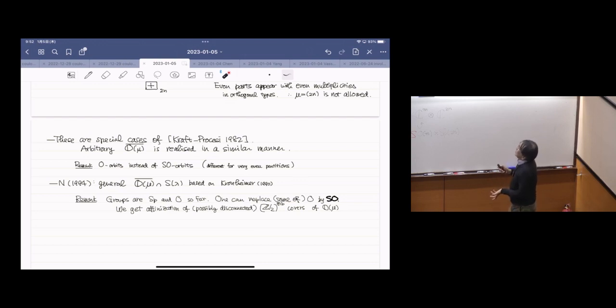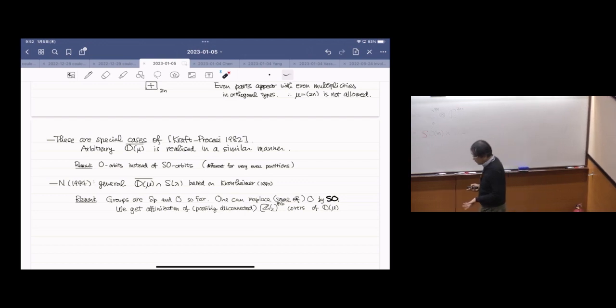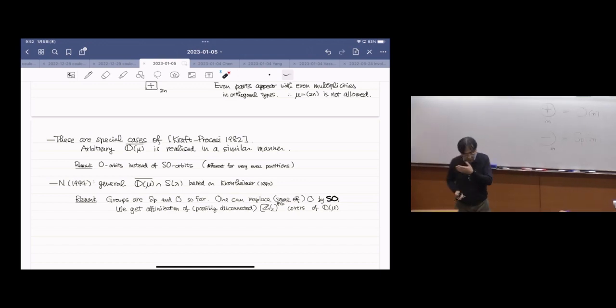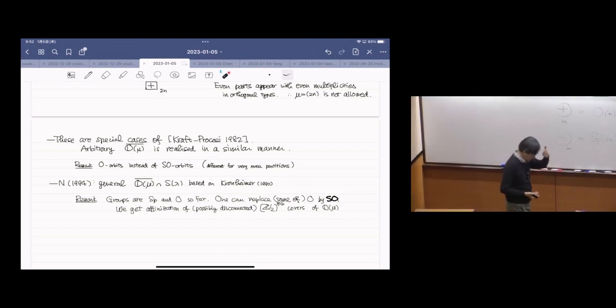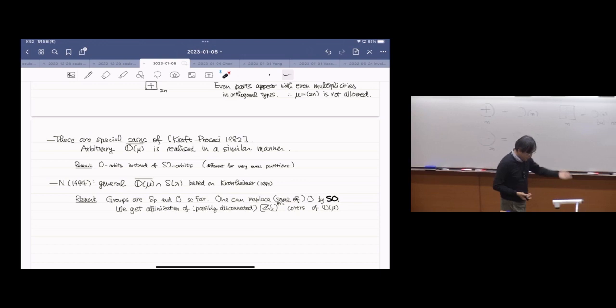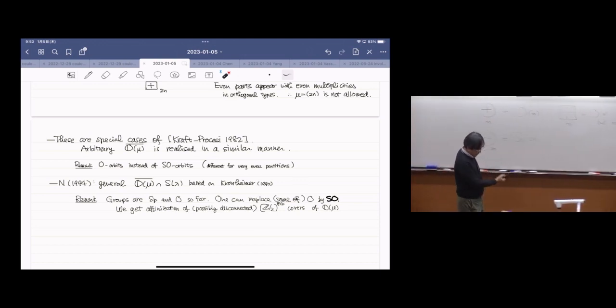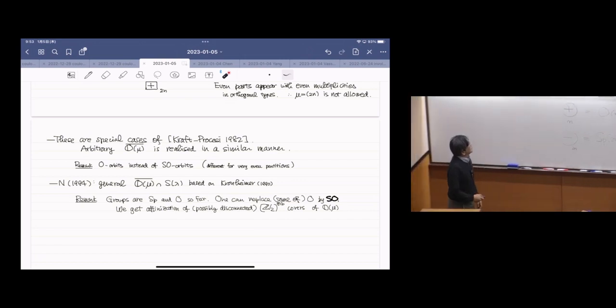But I should also mention that Kraft and Procesi studied the so-called special pieces. There is a notion of special nilpotent orbit, and a special piece is a union of a special orbit and the smaller non-special orbits which are not included in other smaller special nilpotent orbits.